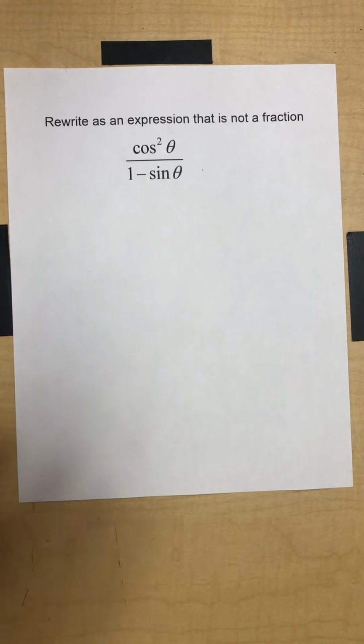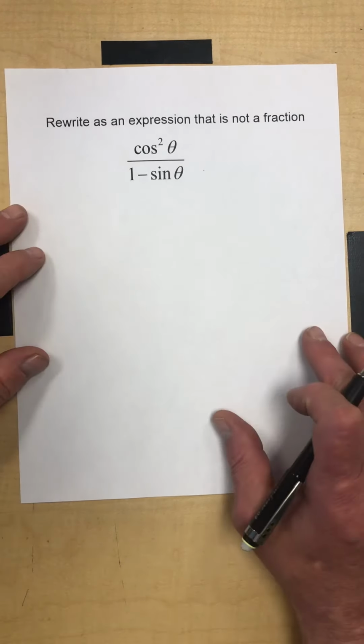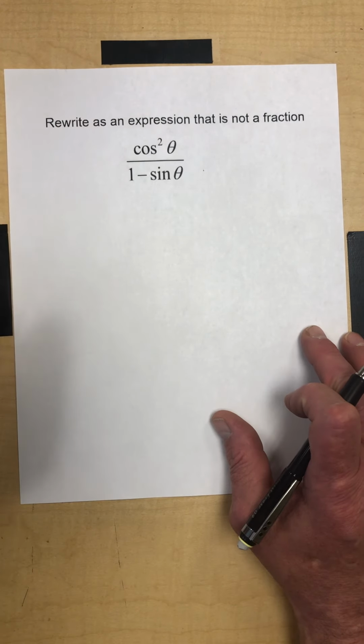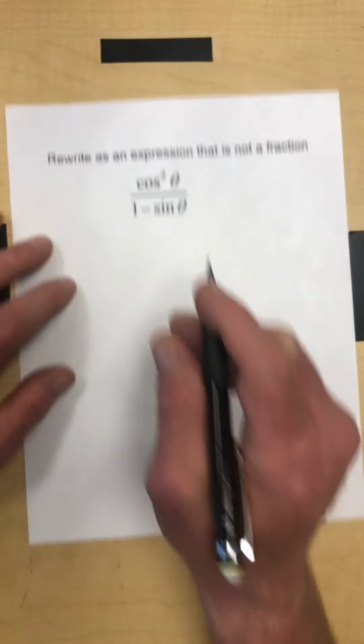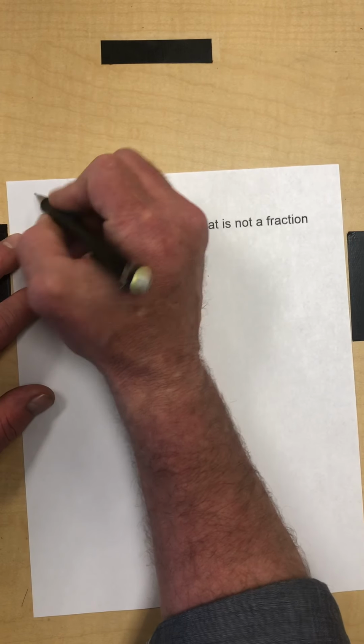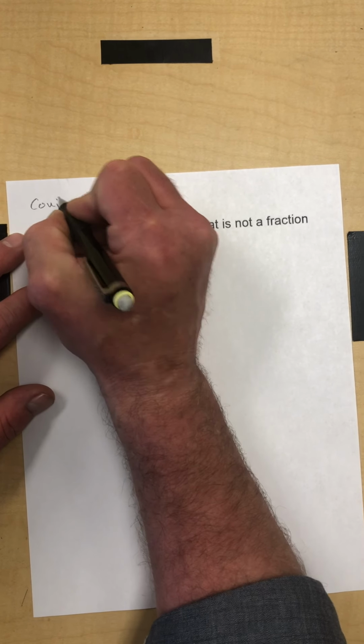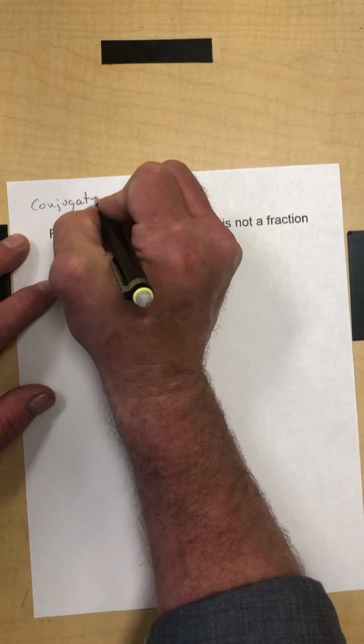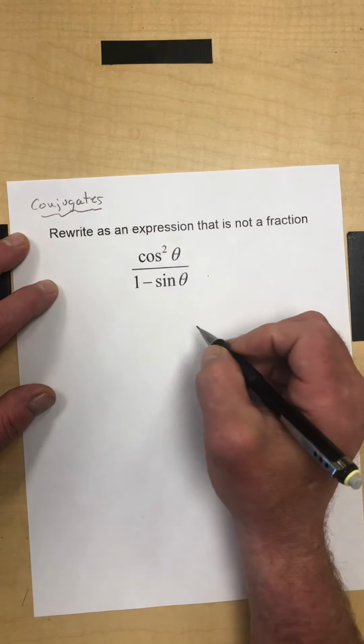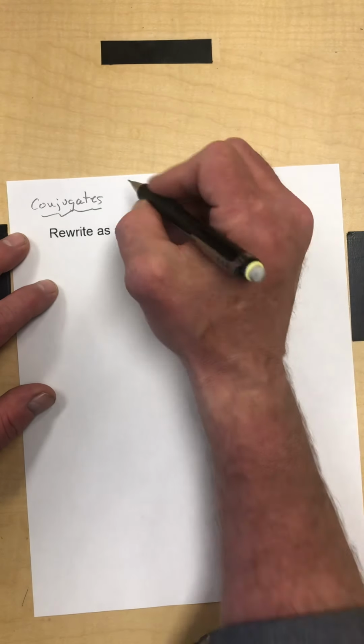So one thing that works sometimes is using conjugates. Remember, a pair of conjugates are binomials that are exactly the same other than their signs.